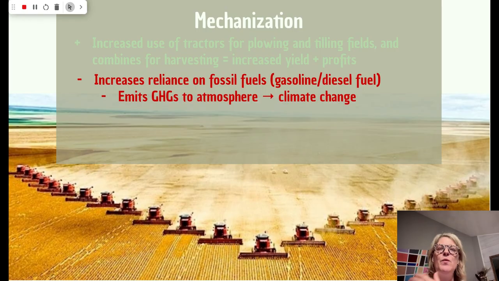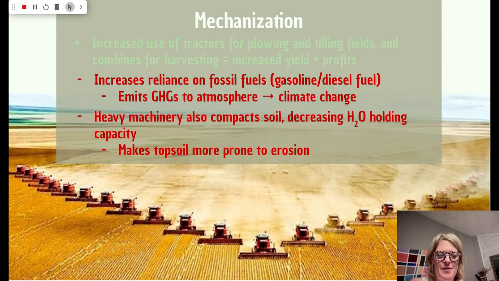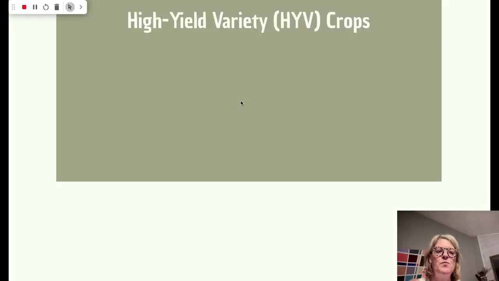And anytime that we combust fossil fuels, that equals increased greenhouse gases in the atmosphere, which in turn increases climate change. That's going to be a common theme that we talk about throughout the rest of APES. Heavy machinery also compacts soil, decreasing the water holding capacity of soil, and it makes the topsoil more prone to erosion. We're actually going to do a lab on that, so we'll be talking about that in more detail later.